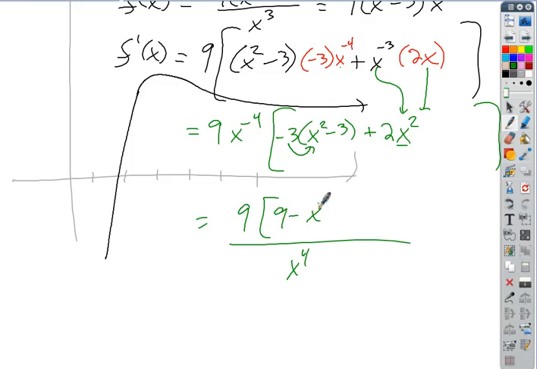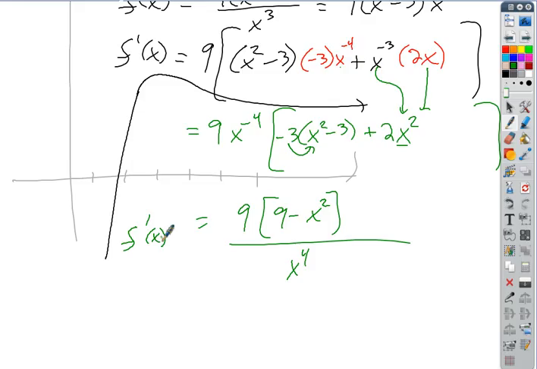So that's my derivative. F prime of x equals that. When you distribute, I've got negative 3x squared plus 2x squared, which is negative 1x squared. The negative 3 times negative 3 is 9.